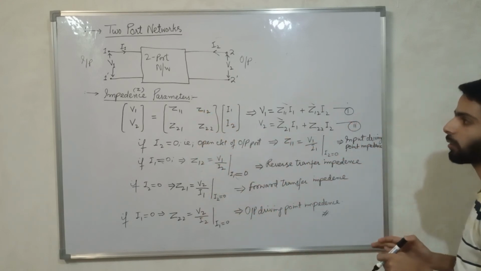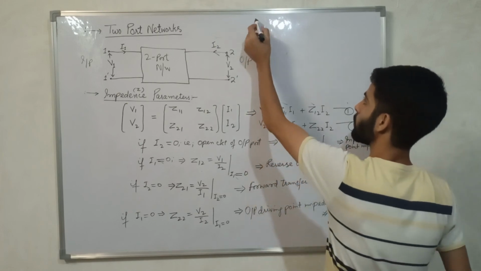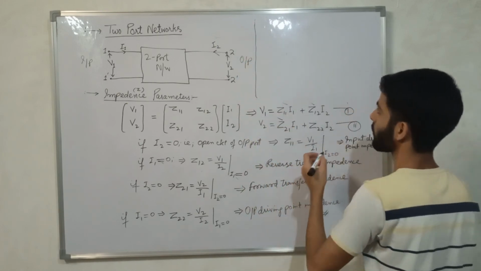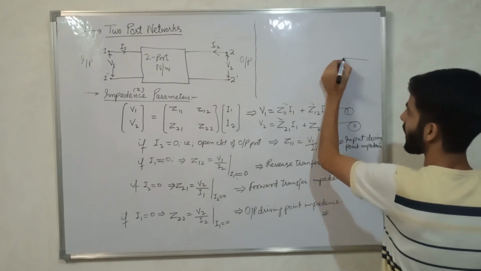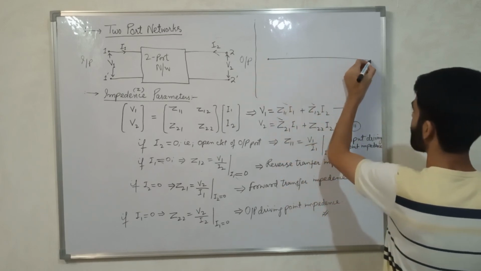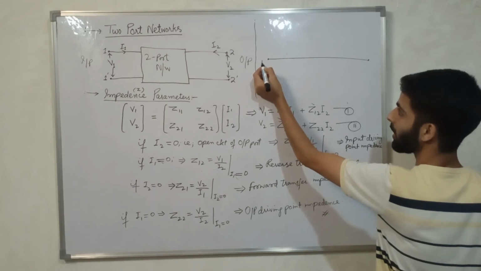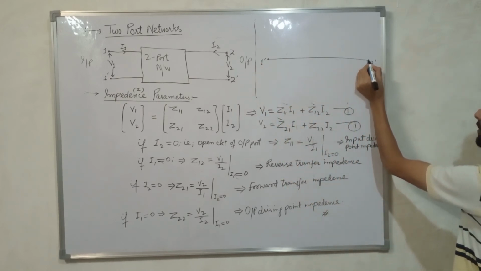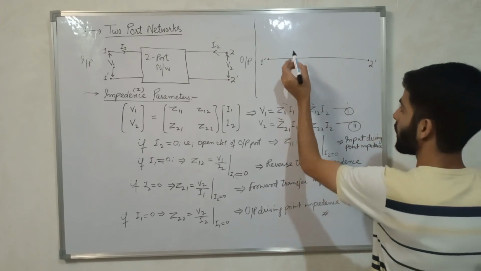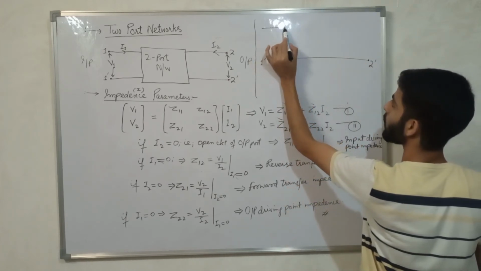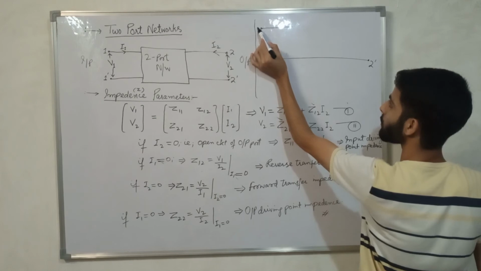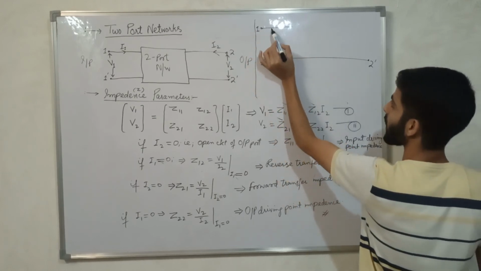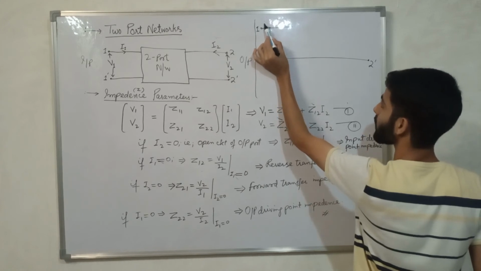So let us make it into a simpler diagram now in the form of voltages and currents. For example, this is point 1 dash, this is point 2 dash, here it is point 1, this becomes the input port. The current from here will be I1.